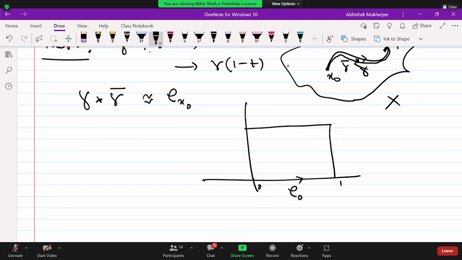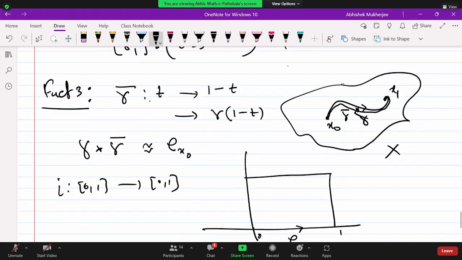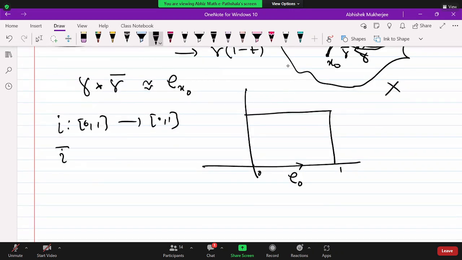And another one is you are taking the identity map I from 0, 1 to 0, 1. And again, using that function, you can define this I bar from 0, 1 to 0, 1.